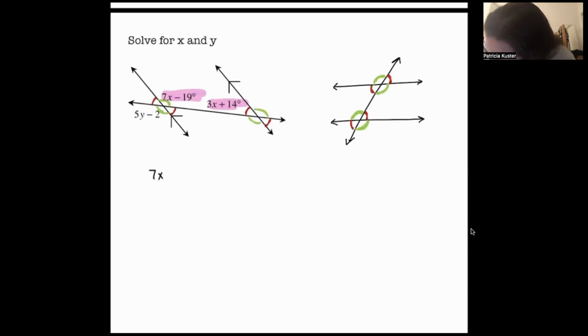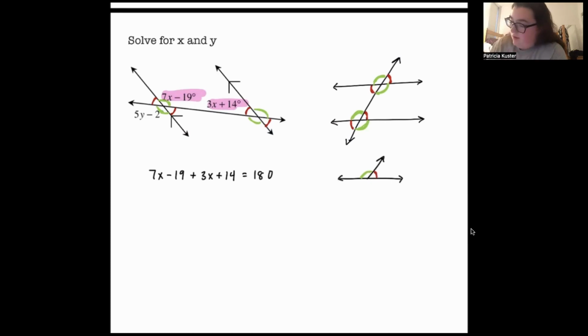So you can change this geometry problem into an algebra problem by saying 7x minus 19 plus 3x plus 14 equals 180. And this is all predicated on the concept of supplementary angles, which is if you have two angles that are next to each other and they make up a line, they equal 180.